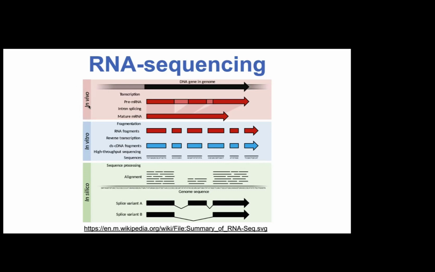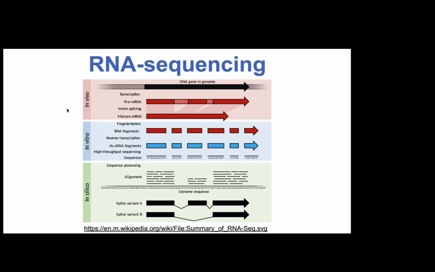in vivo, meaning in the samples themselves, the maturation of mRNA to mature mRNA, meaning that we go from DNA to a pre-mRNA, which still includes all the introns and all the exons. And then after splicing, we have a transcript, a mature mRNA.